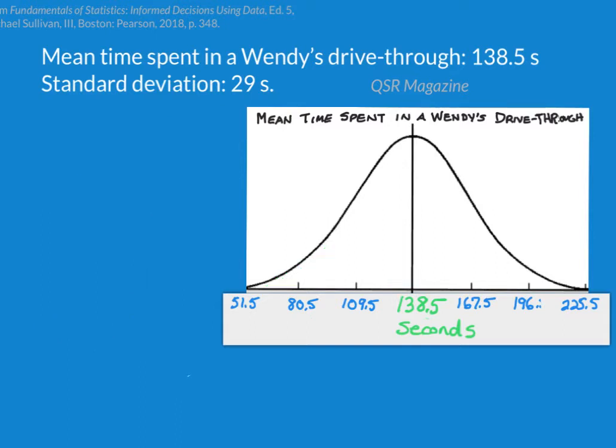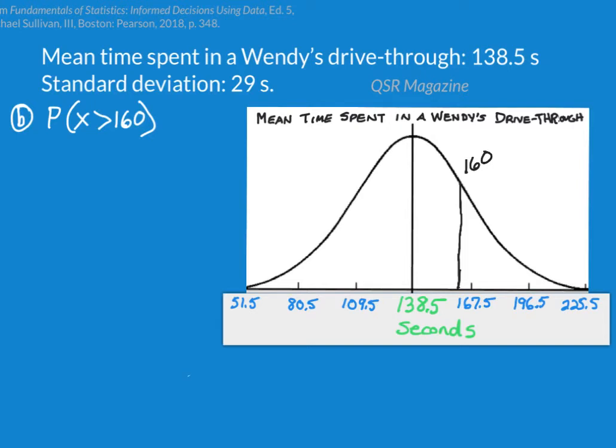Okay, let's check out another case. Let's calculate what the probability is that a randomly selected car will spend more than 160 seconds. So the probability that X is greater than 160 seconds. So I'm looking at approximately here being 160 seconds.